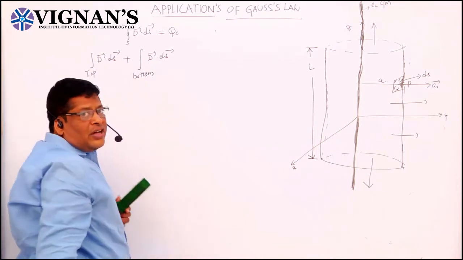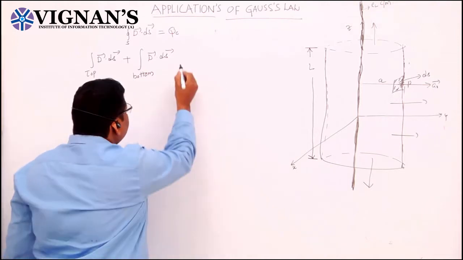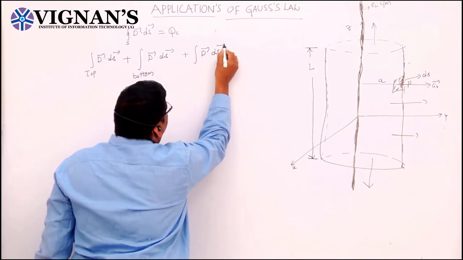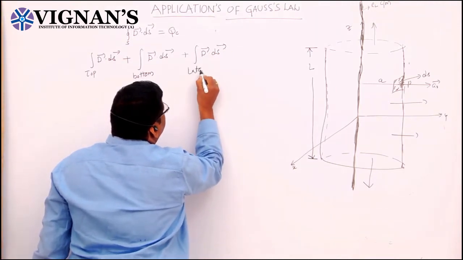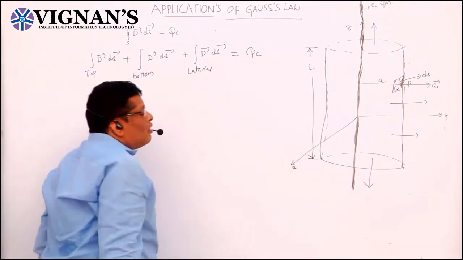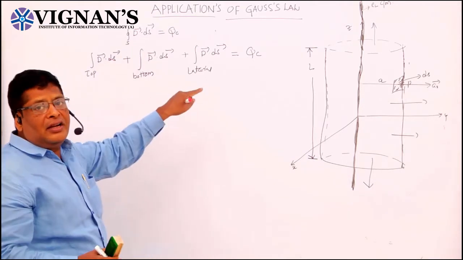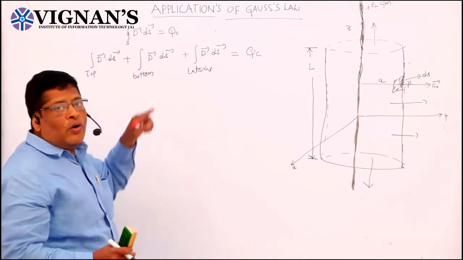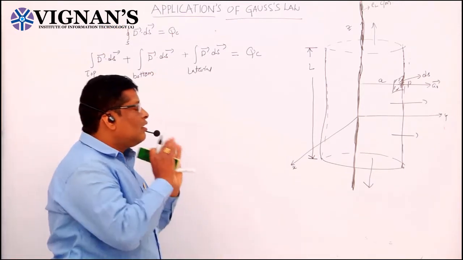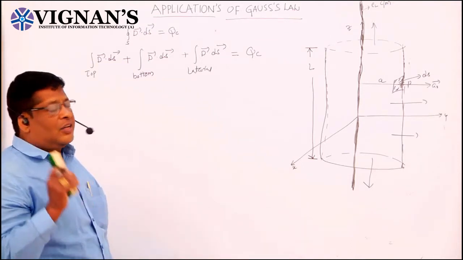This integration gives how much flux is leaving from the bottom, plus D bar dot dS bar lateral, nothing but sides, equal to charge enclosed by the Gaussian surface. The same integration we are splitting into three integrations. One is upwards, another one is bottom downwards, and the third one is the lateral surface.